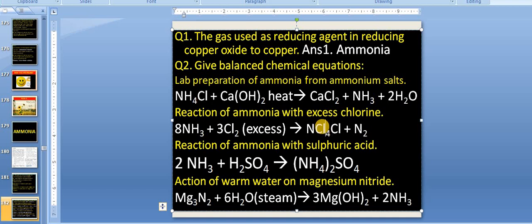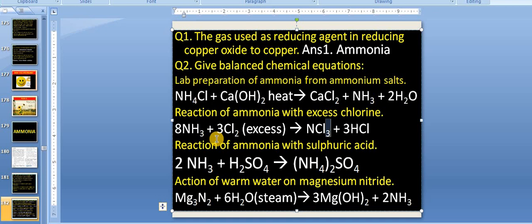Sometimes it happens NCl3 plus 3HCl. You are right, the student is already writing the right answer. Fine. So NCl3 plus 3HCl is the right answer. Now if ammonia is in excess, then ammonium chloride and nitrogen will be formed.